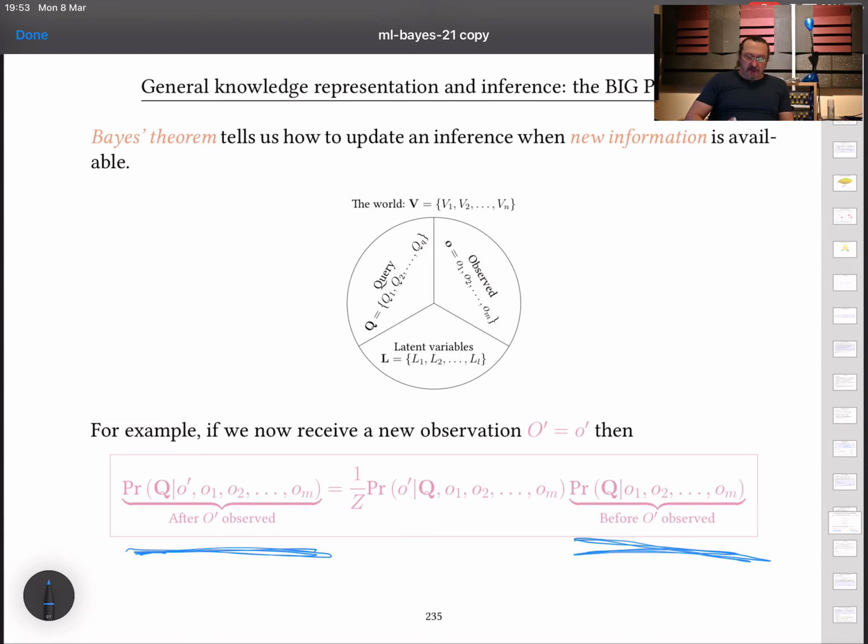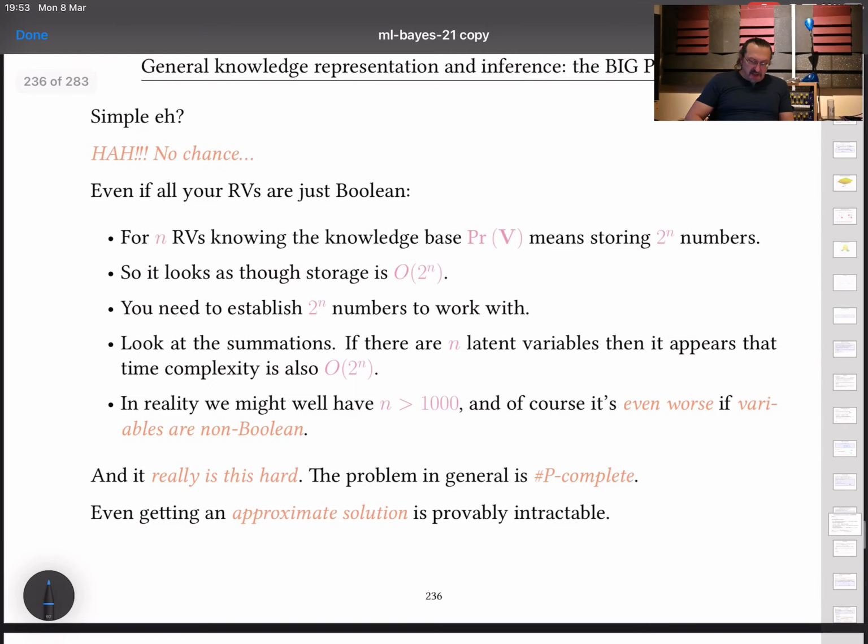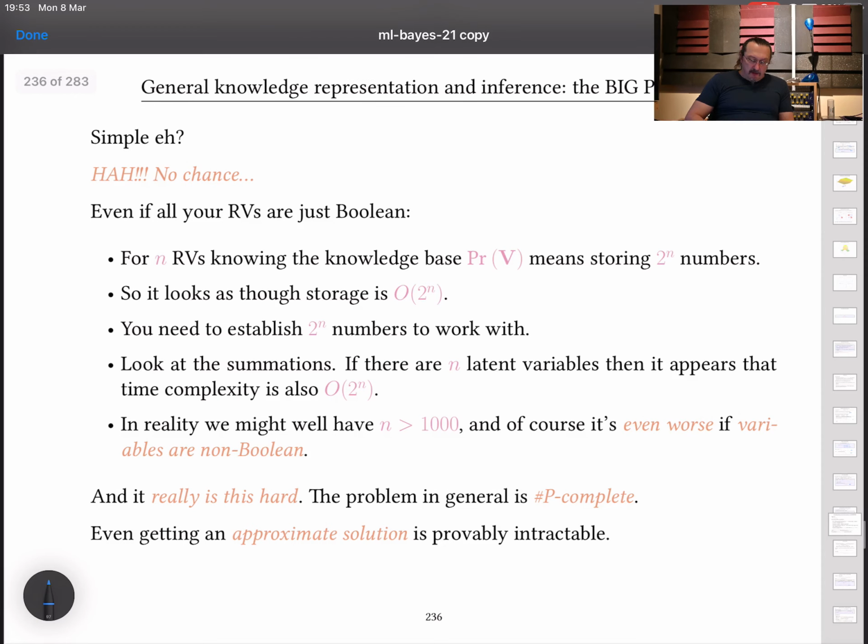Okay, so in principle, straightforward, but in practice, really not. Because even if your random variables are so simple that they're all Boolean, storing their full joint distribution means you have to specify numbers for 2 to the n possibilities. And n can be really big in practice. Okay, it's perfectly reasonable in a practical AI system to deal with n in thousands, for instance.